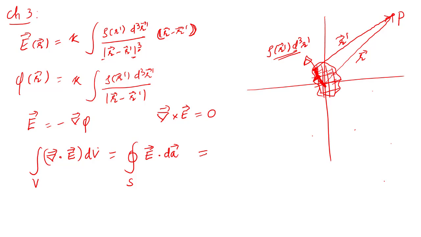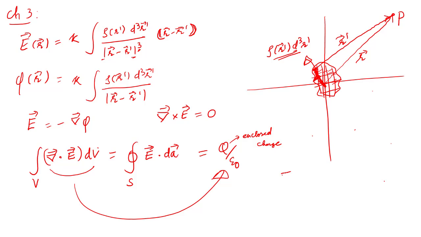So this is equal to Q by epsilon naught. This is the enclosed charge. And then, comparing this integrand to that, we can write that divergence of E is equal to rho by epsilon naught. Because this is a volume integral, if I divide this charge by volume, I get the charge density here.